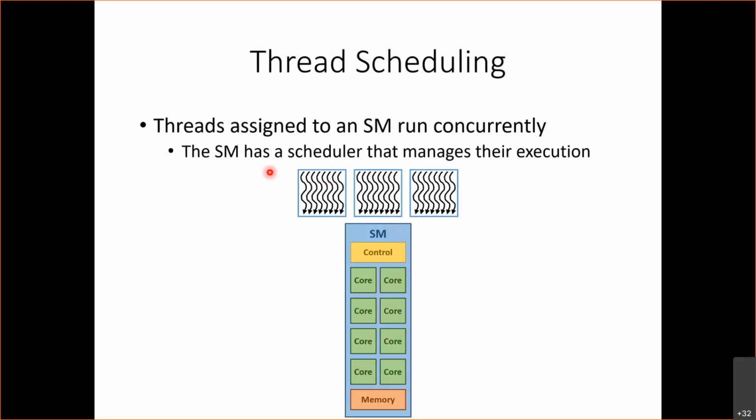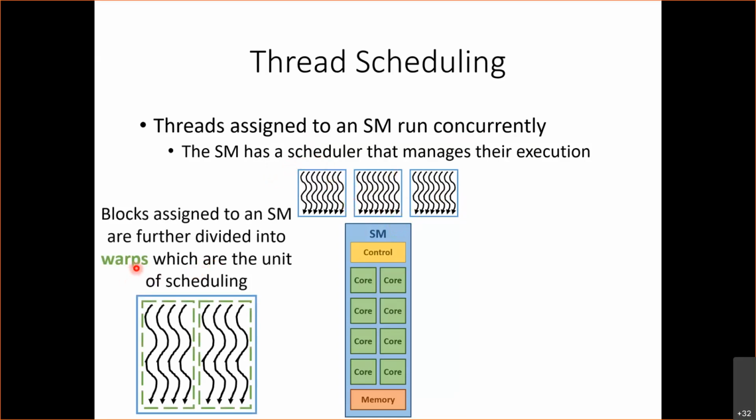Now, when the blocks are scheduled on the SM, they are further divided into units called warps. And warps are the unit of scheduling on the SM. So when I assign these threads to execute on these cores, I schedule them in units of warps.